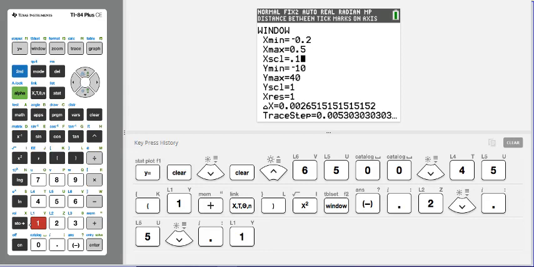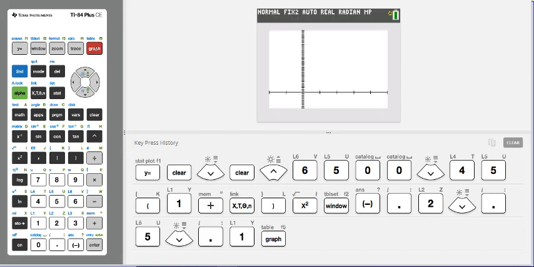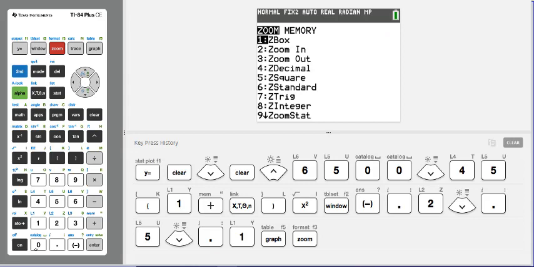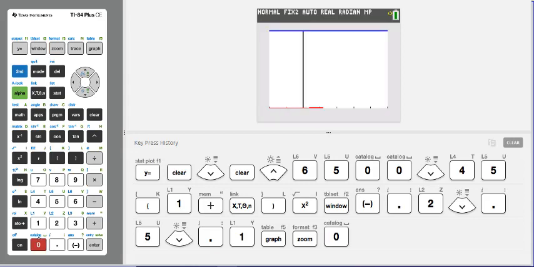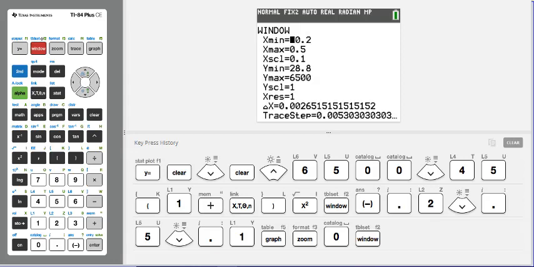All right, so we're just going to hit graph. And then I'm going to hit zoom fit. And what that does is, okay, well, that's not going to, my window limits aren't going to make it happen, are they?